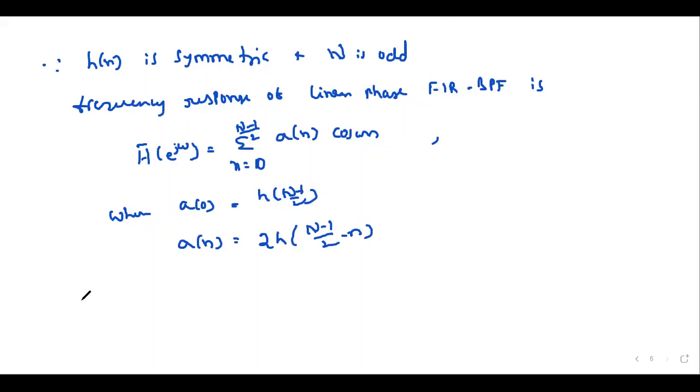Therefore, from this, find out the values a of 0, a of 1, a of 2, a of 3, a of 4, a of 5, since n is 0 to (N minus 1) by 2, which means 0 to 5.